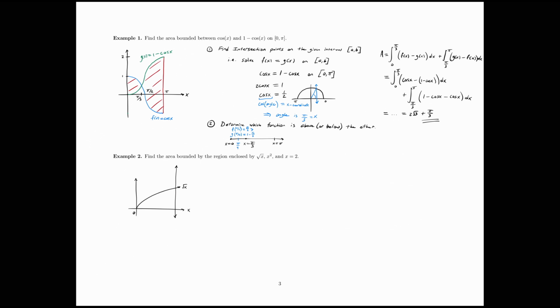I'm only going to draw part of my parabola, since we know we're not going to need the other half. I'm also going to move my line down a little bit just to make it a little bit easier to draw, that's all.